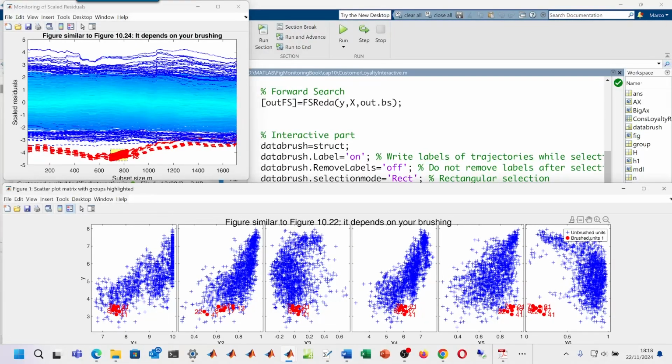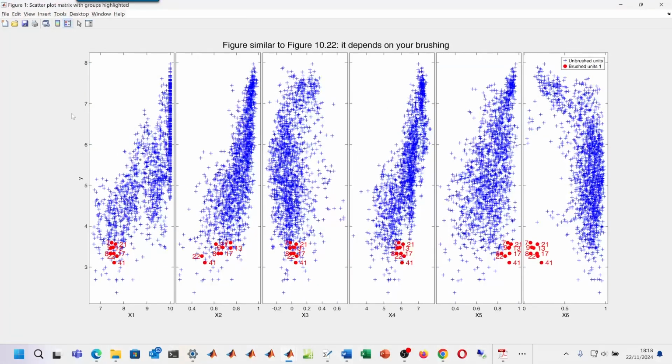These brushed units form a particular group, especially in the scatter of y against x6. These units are particular in that dimension.